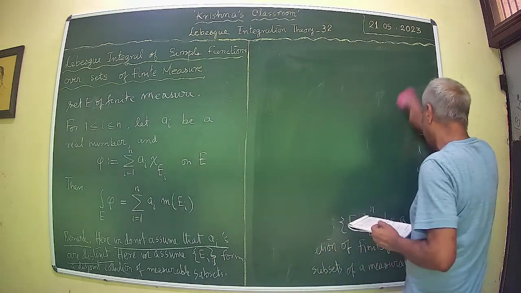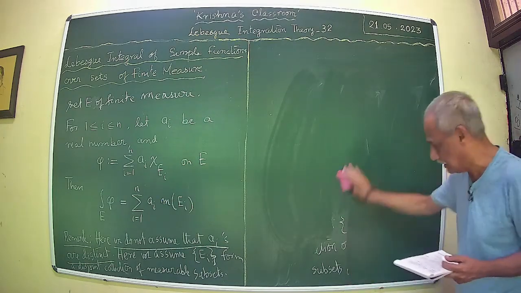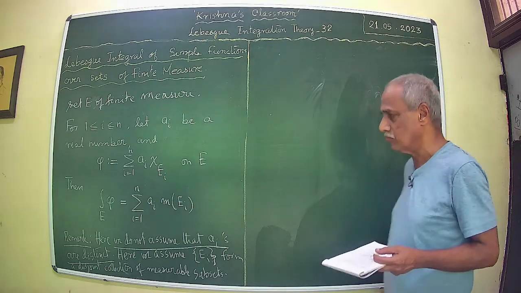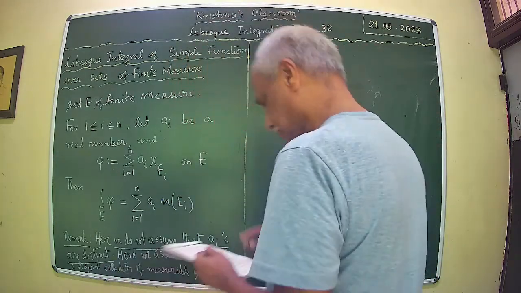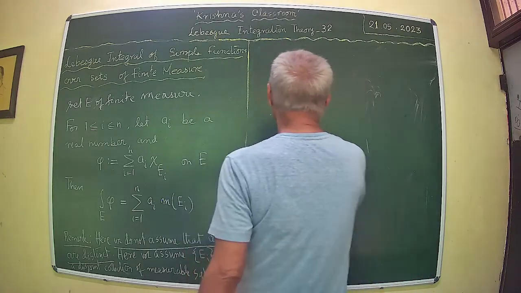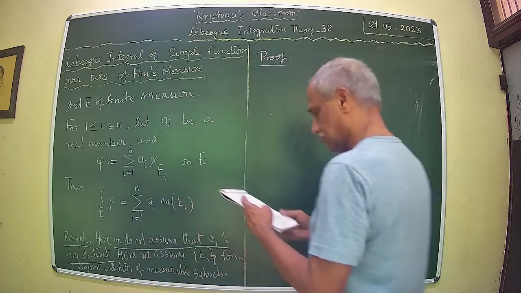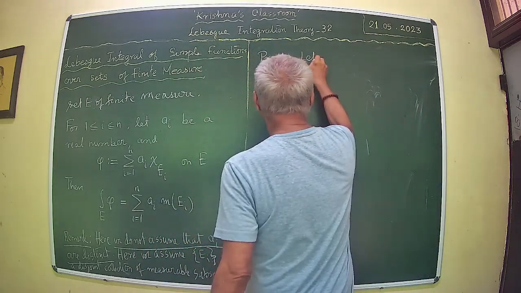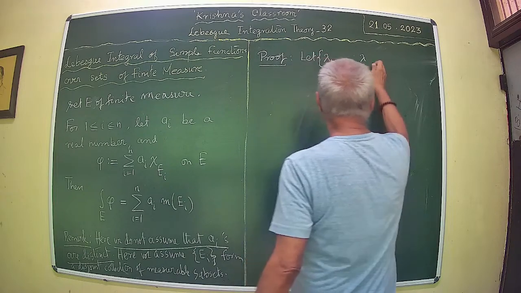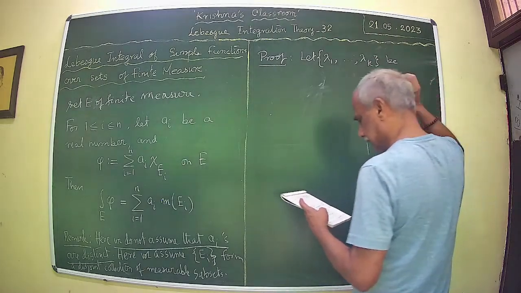Therefore, we will have to list out the distinct numbers from among these a_i, the distinct values.